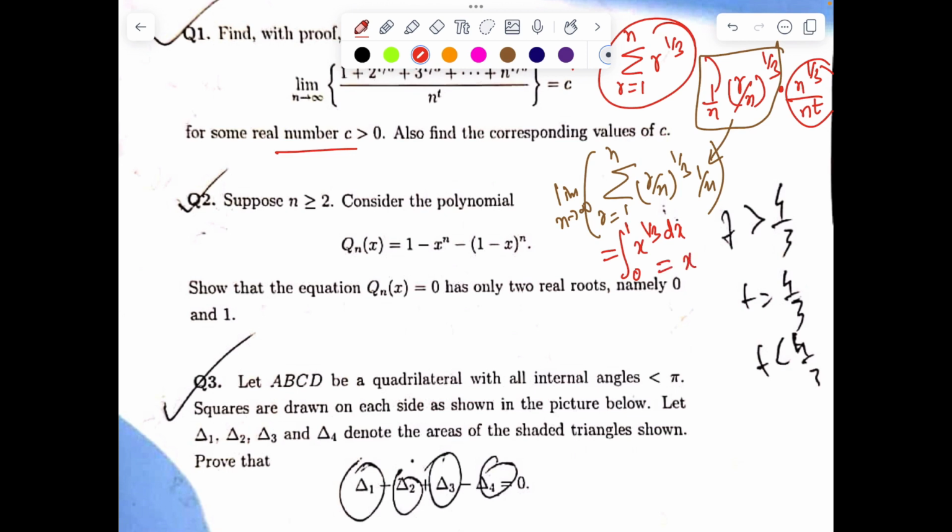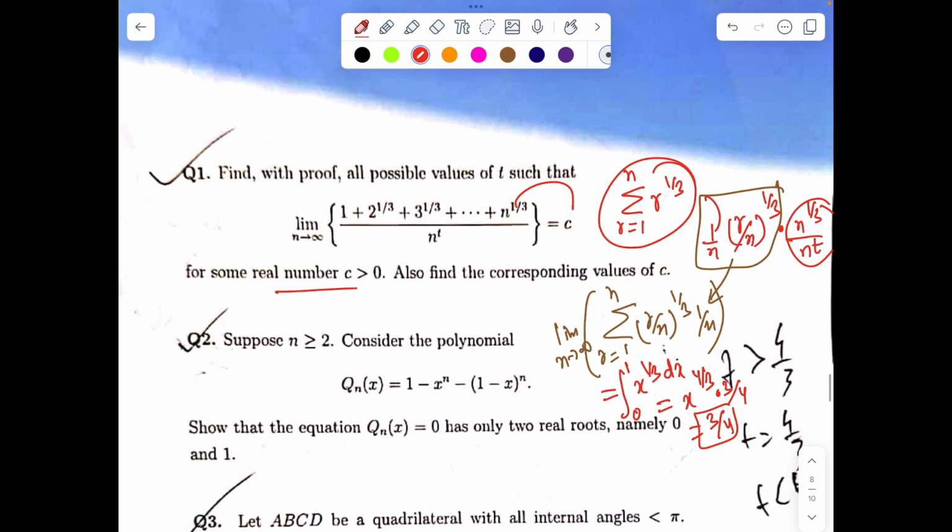R equal to 1 corresponds to 0, r equal to n corresponds to 1, and that gives x to the power 4 by 3 times 3 by 4, which is 3 by 4. So the given limit can be written as 3 by 4 times n to the power 1 by 3 minus t. We had an extra n, so that will be plus 1. So it's 3 by 4 n to the power 4 by 3 minus t.